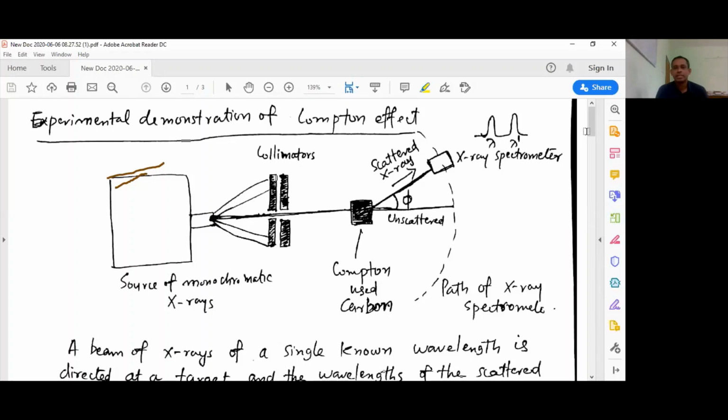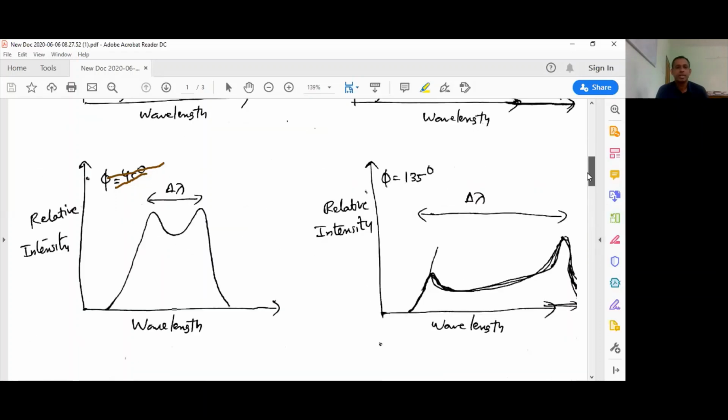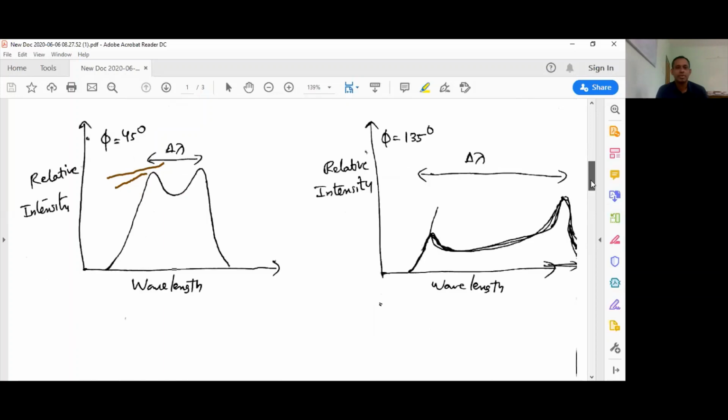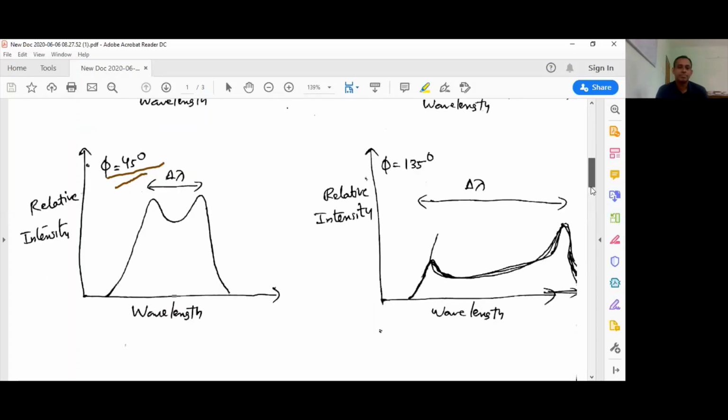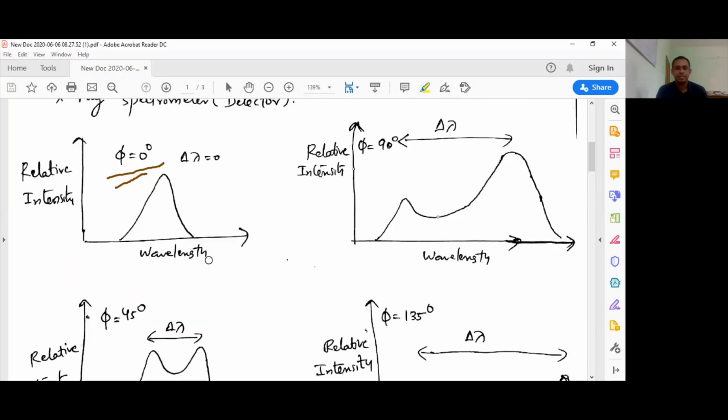We get only a single wavelength, and that wavelength is equal to the wavelength of the monochromatic X-ray source we have used. So there is no shift in wavelength, delta lambda is equal to 0.